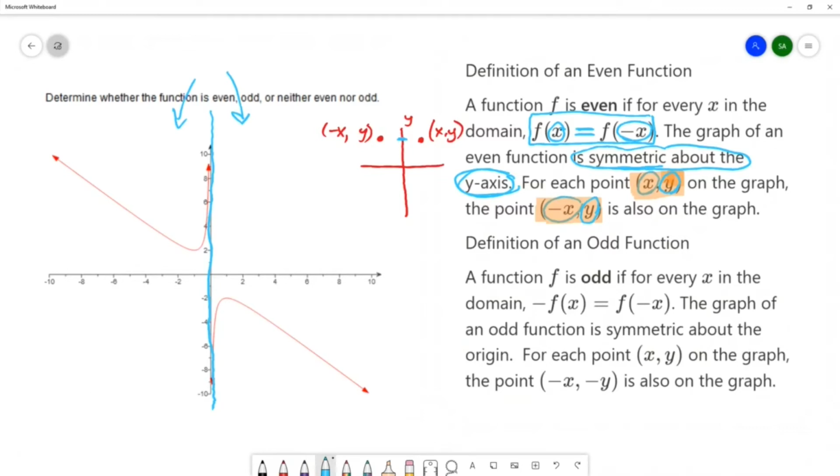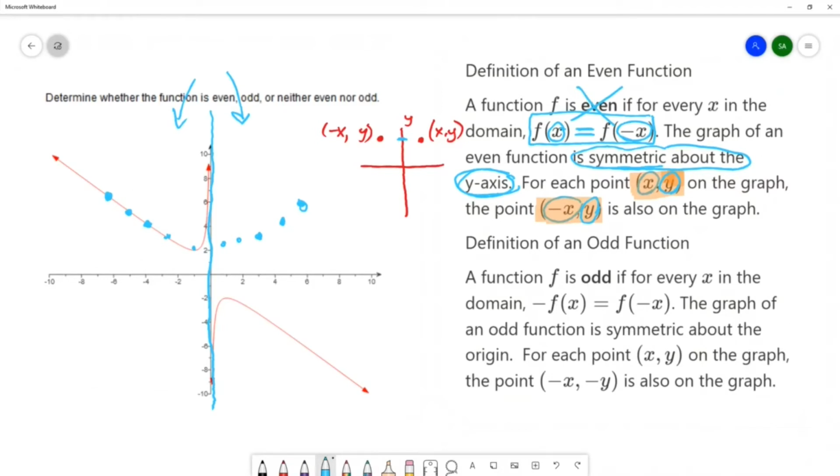That means that any point on the left should have a mirror of that point on the right. And you can see with the examples I'm showing you right here that I have some points on the left that do not have a mirror on the right. So this graph does not have symmetry around the y-axis, and it is not an even function because it doesn't have that symmetry. So we can cross off even for this example.